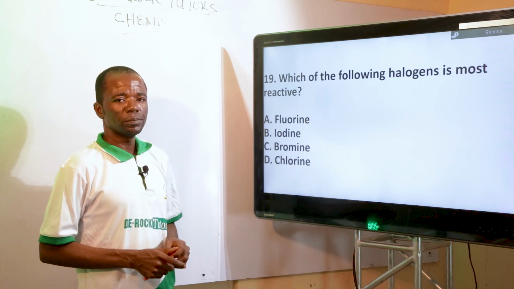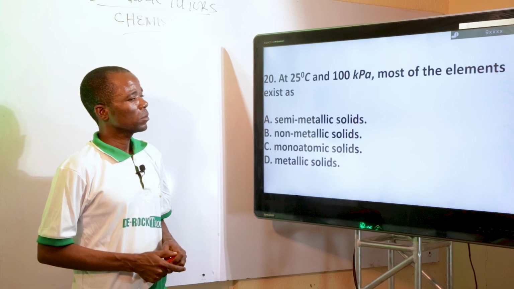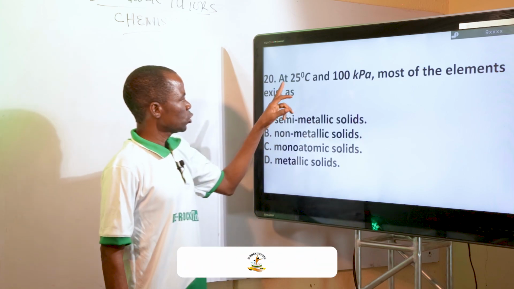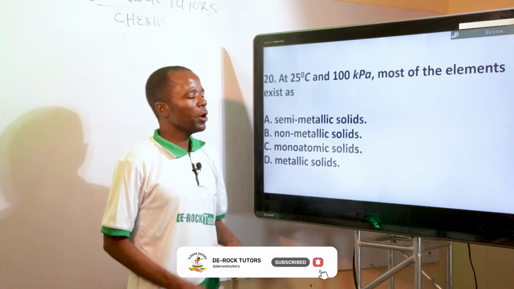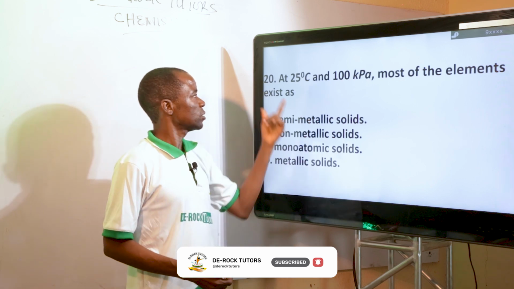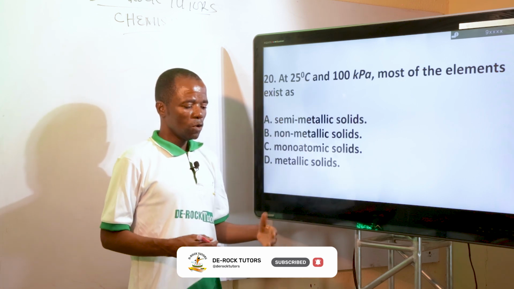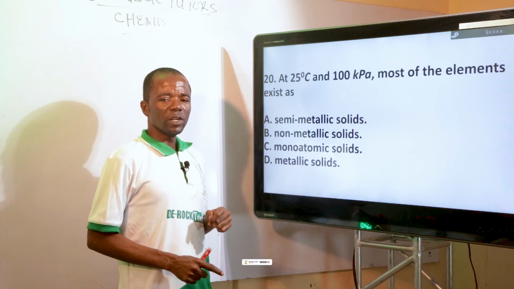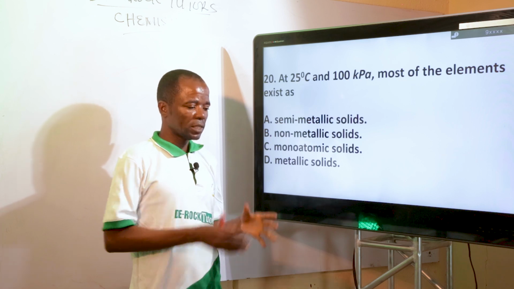Let's go to number 20. At 25 degrees Celsius and 100 kilopascals, most of the elements exist as... let's stop for a bit. 25 degrees Celsius and 100 kilopascal translate to standard conditions. Most of the time in chemistry, we say under standard conditions. A temperature of 25 degrees Celsius or 298 Kelvin is the standard temperature.